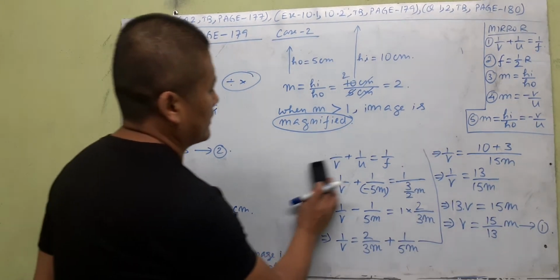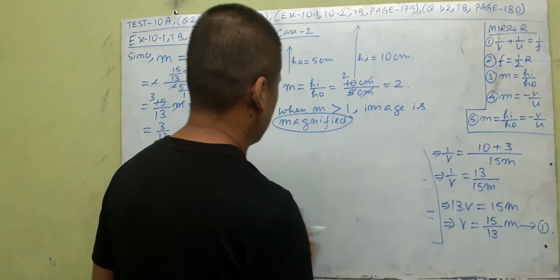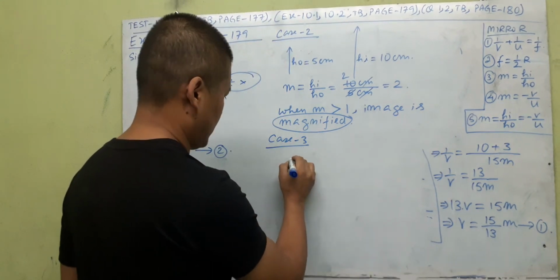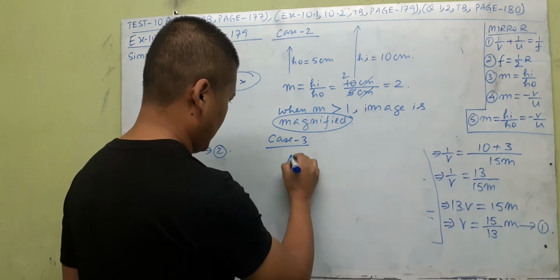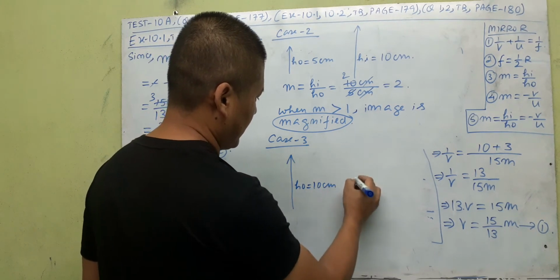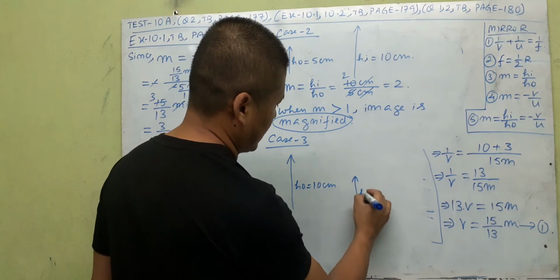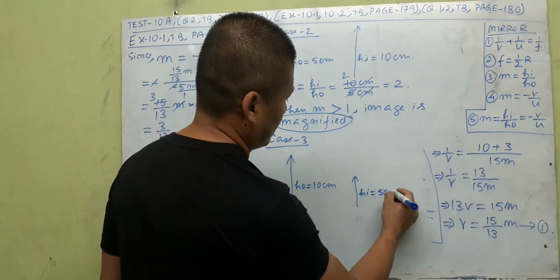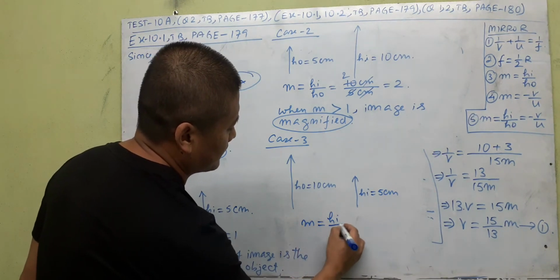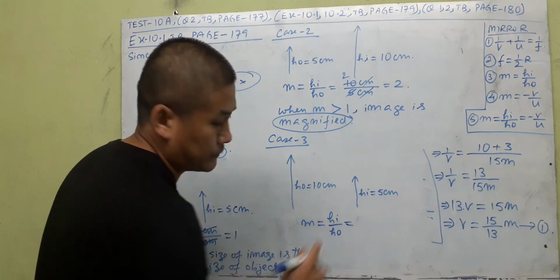The third case possible, the last case, case 3 possible is like this. Size of object, let us say, is 10 centimeter. The size of image is smaller, let us say this time, HI equal to 5. Then m will be what formula? That's right, HI by HO, right?